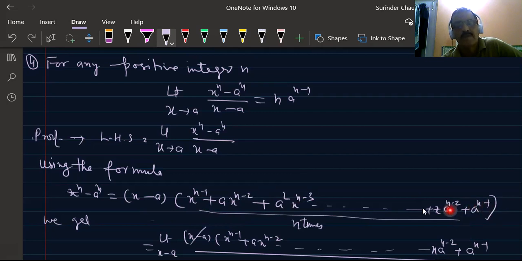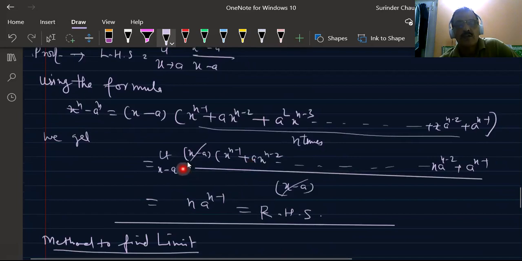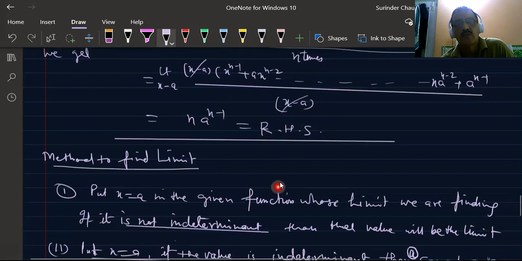So in the numerator and denominator, cancel out the common factor and take the limit as x tends to a. Each term becomes a to the n minus 1. How many times is this repeating? How many factors are there? There are n factors, so this will be n times a to the n minus 1.